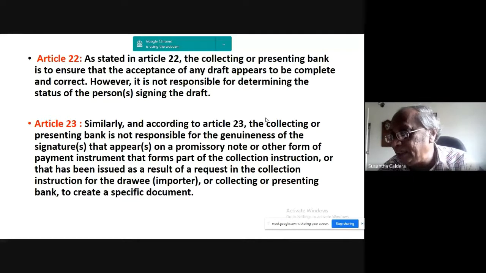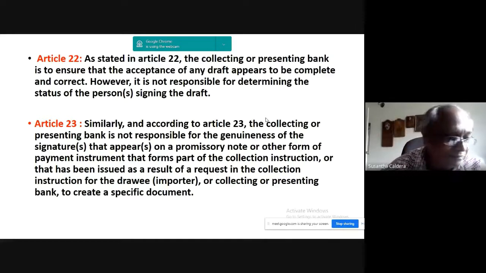So can SCB, the remitting bank, say, sorry, we can't do the payment? We can't do the payment because the draft has not been signed by the authorized person. Can we do that?